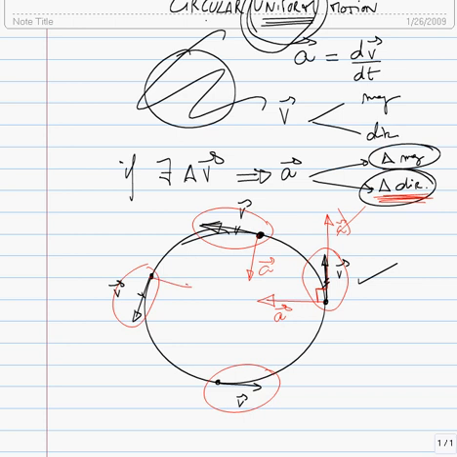And this is the one that will cause the direction of the velocity to change. But since it's perpendicular, it will not affect its magnitude. Remember, the same as projectile motion, the acceleration was always going down, down, down.